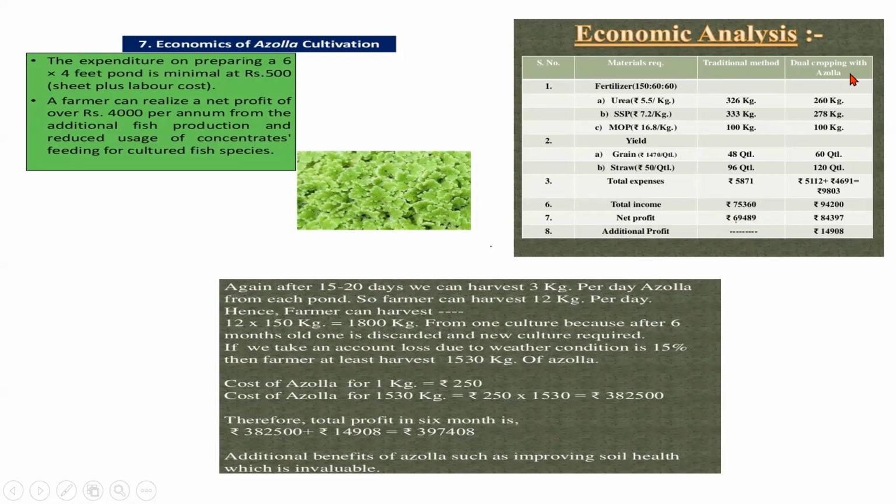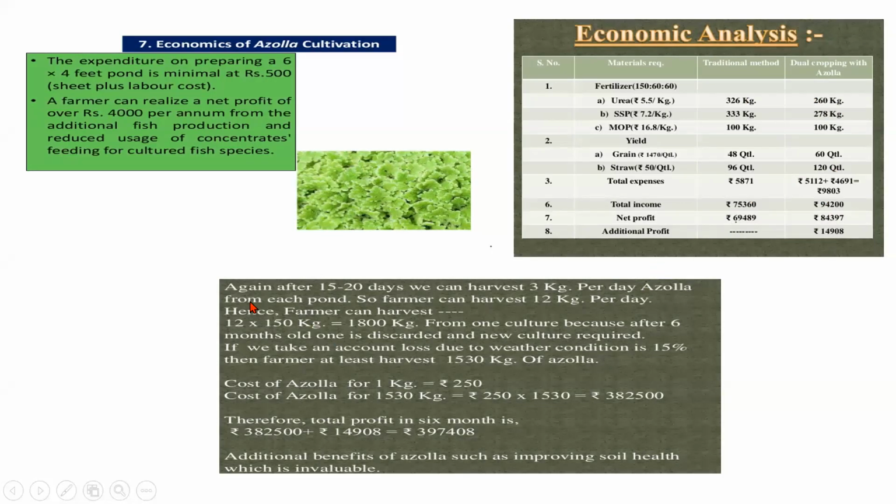But when you use azolla plus the chemicals, you save a lot on chemicals, isn't it? It's seen here. So you get a profit of 84,000, totally 14,000 extra when you add azolla along with the traditional chemicals. That way you are also helping the soil from getting polluted.